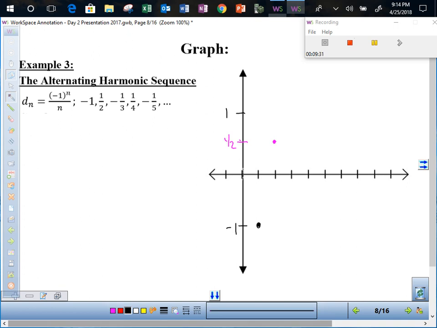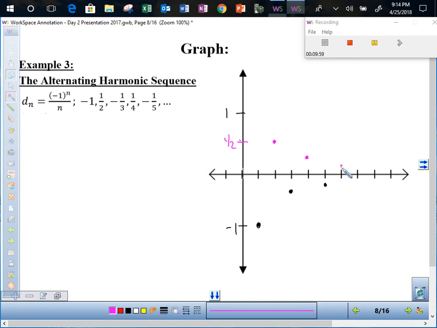Let me come back to black. The value of my third term is negative 1/3. The value of my fourth term is positive 1/4. The value of my fifth term is negative 1/5. The value of my sixth term is going to be positive 1/6.